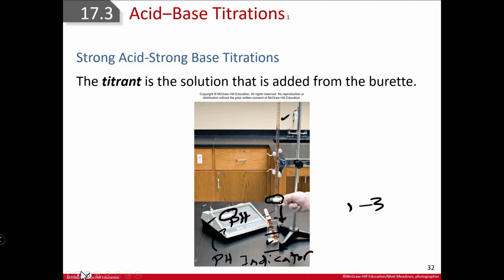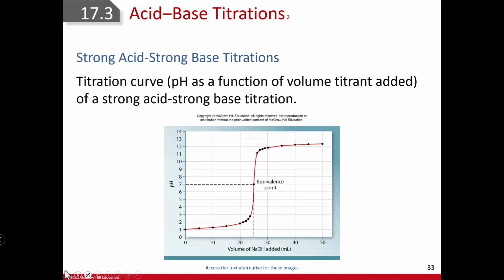All right, the next thing is let's look at what a titration curve looks like. So you need to be able to read this plot. Here we are measuring the pH initially, and it's a pH of 1. That tells us that we're dealing with an acidic solution, so in our container here, we have an acidic solution.